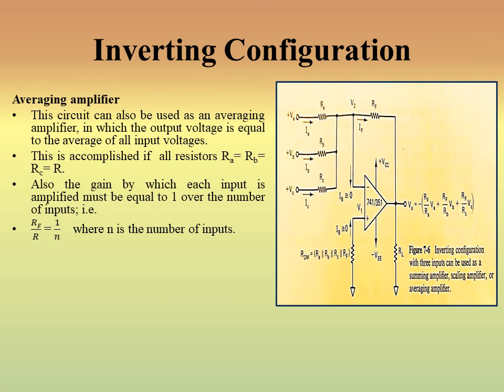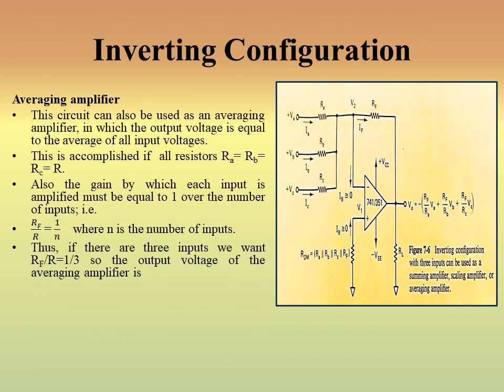By this diagram we can see how many inputs there are. There are 3 inputs, so N will be equal to 3. So what is necessary in this circuit? Rf upon R should be chosen in such a way that Rf upon R is equal to 1 by 3. If the resistors are chosen in such a way, then the circuit will behave as an averaging amplifier.